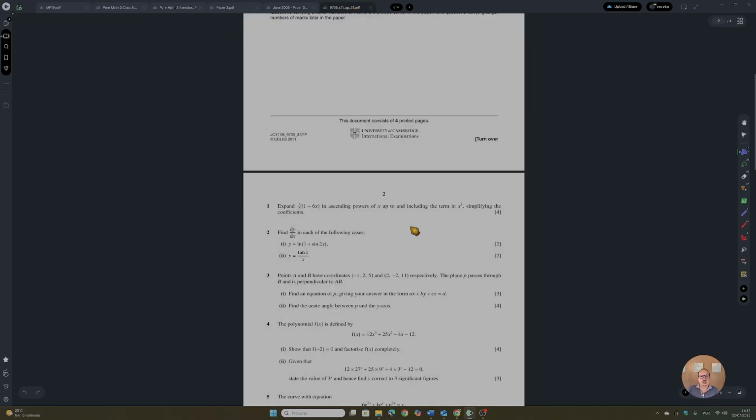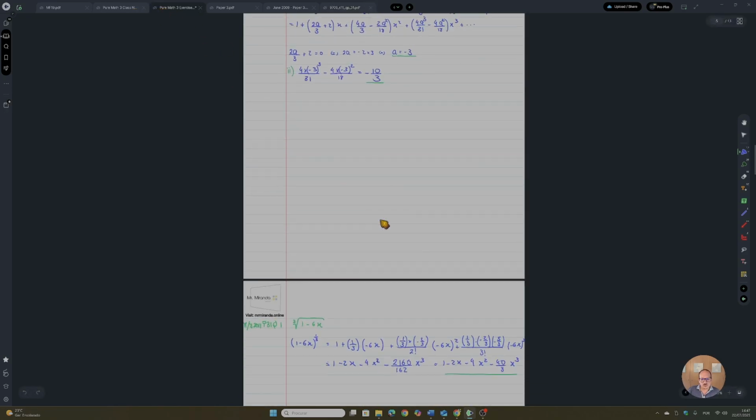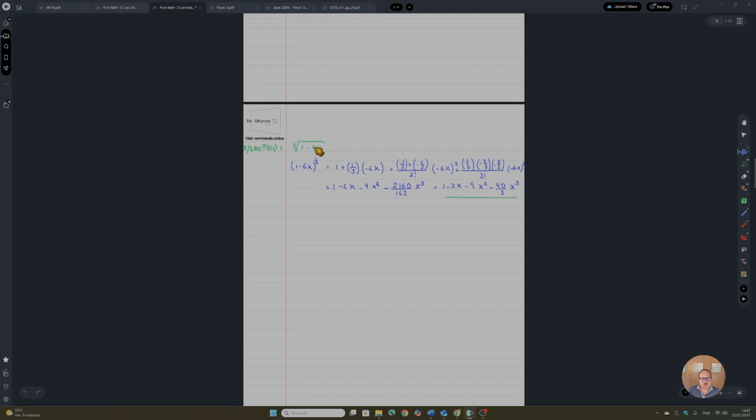Last question, Spring 2011, paper 31, and it's question 1, probably the simplest of them all. Expand the cube root of 1 minus 6x in ascending powers of x up to and including the term with x cubed, simplifying the coefficients. Nothing to know here.